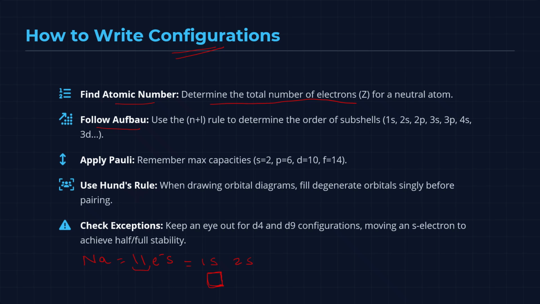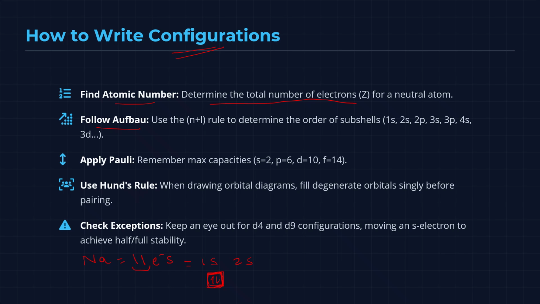The s subshell has one orbital, that is also known as s orbital. Now the s orbital, because the s subshell has only one orbital, can have a maximum of 2 electrons with opposite spin. I have drawn here 2 electrons with opposite spin. Now out of this 11, I have written 2 electrons here. Now 9 electrons are left behind.